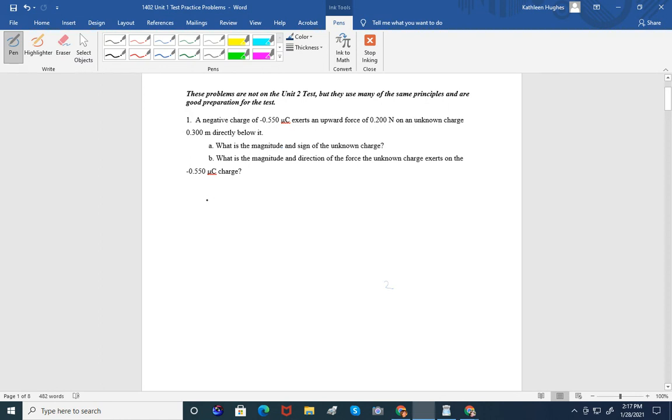So we have a charge, and then directly below it we have an unknown charge. So this charge, I'm going to say, is negative 0.550 microcoulombs. And then directly below it, we have some mystery charge.